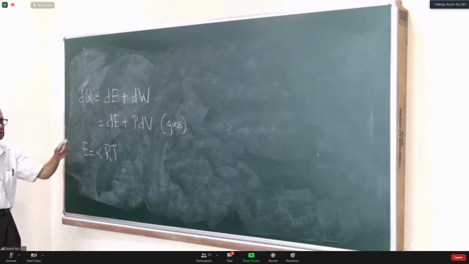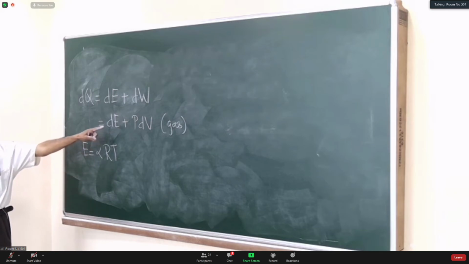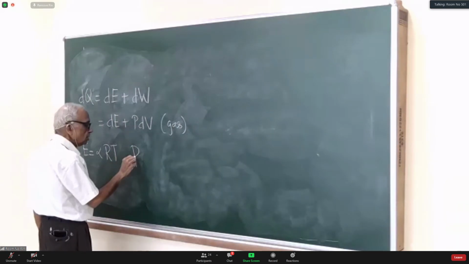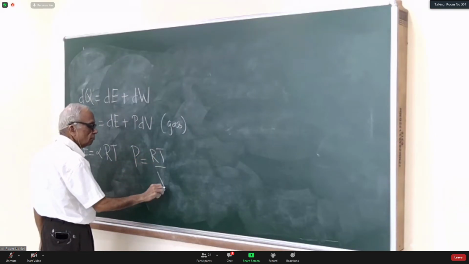So this is like just saying constant into dT. I know the equation of state as P equal to RT, 1 mole.